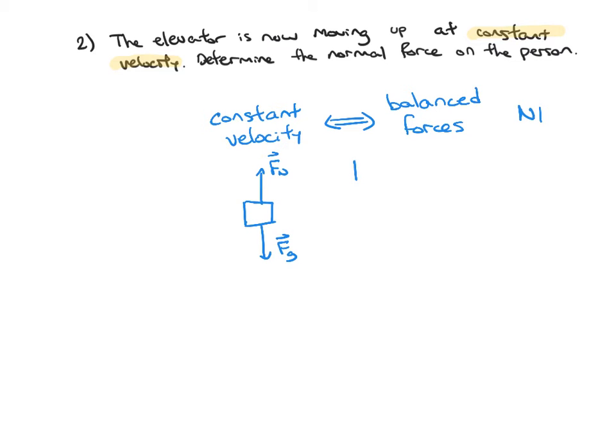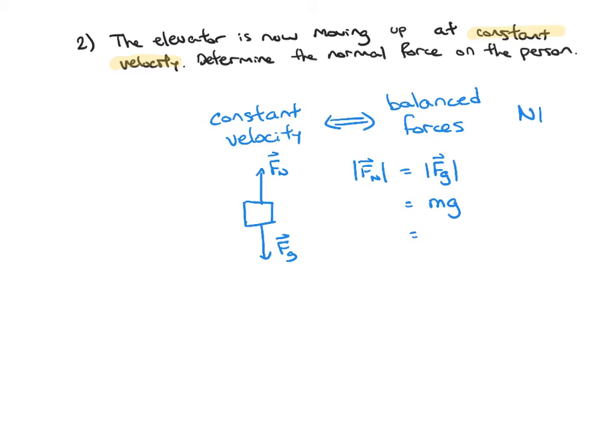So I'll write the statement out. Normal force equals force of gravity in magnitude. And the force of gravity, we know the formula for that, it's mg. And then I calculate that out.